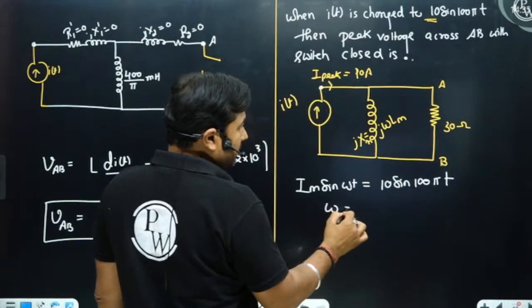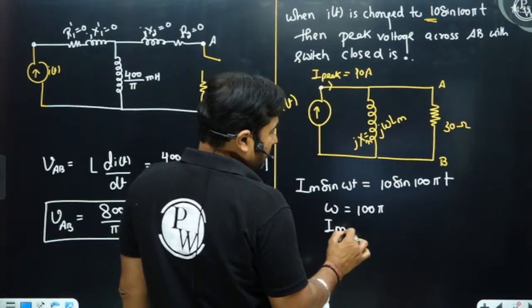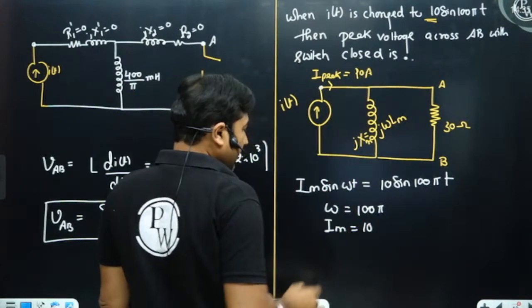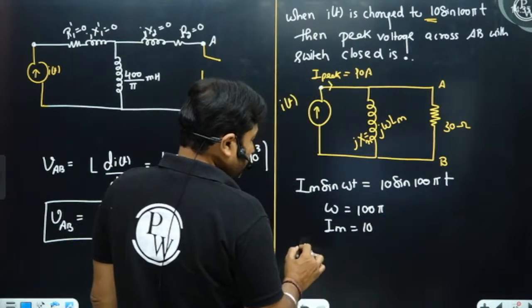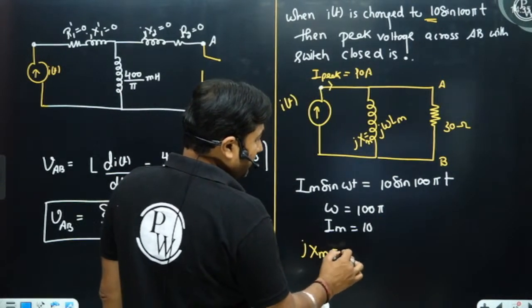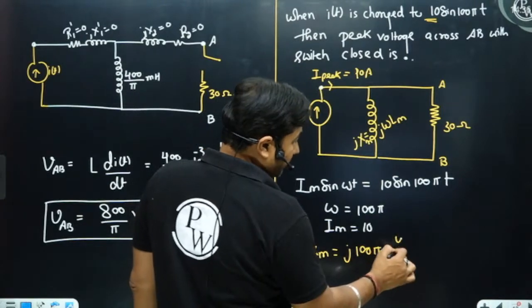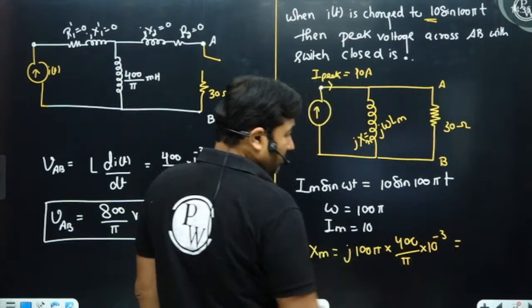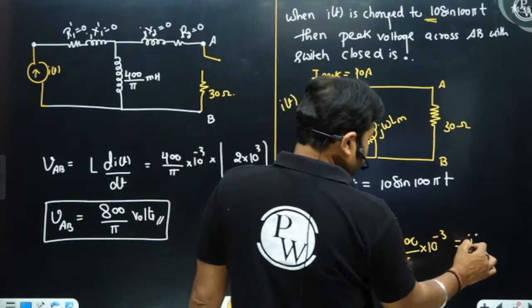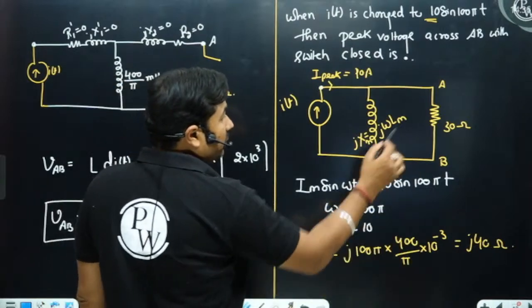So omega is equal to 100 pi and Im is equal to 10. So peak current we have is 10 ampere. So what is your jXm? jXm will become j 100 pi into 400 by pi milli, so that will be j40 ohm. Now we have Xm as j40 ohm.